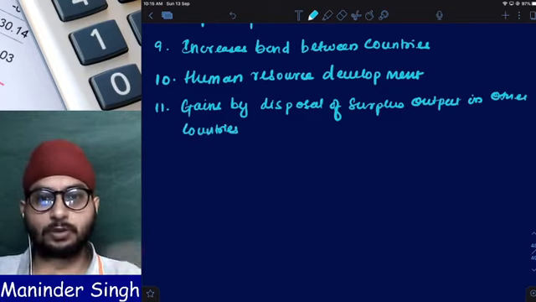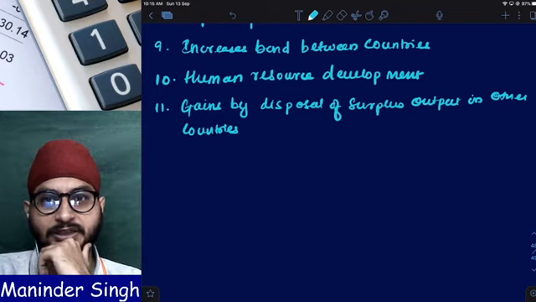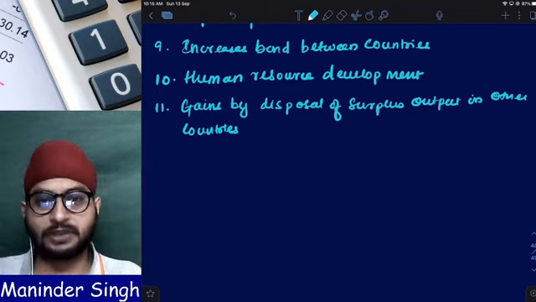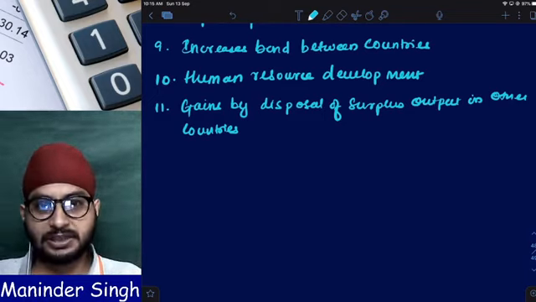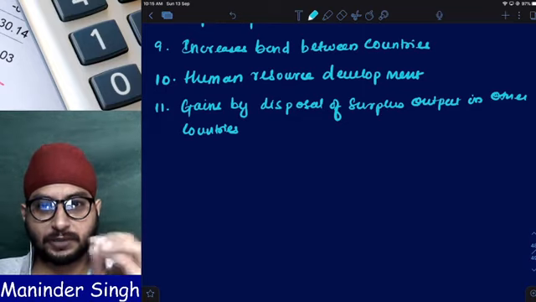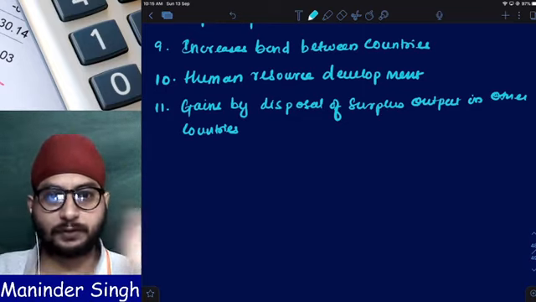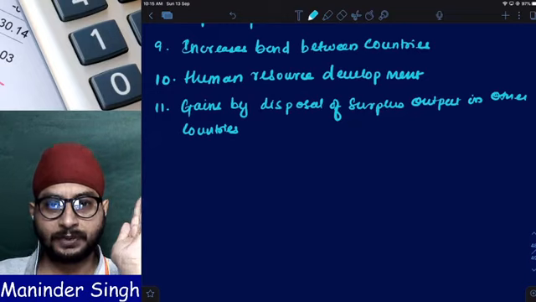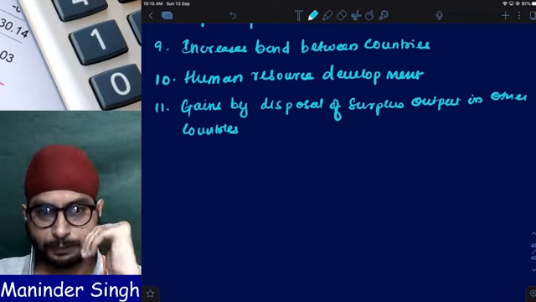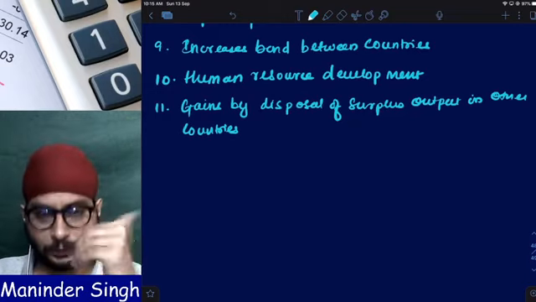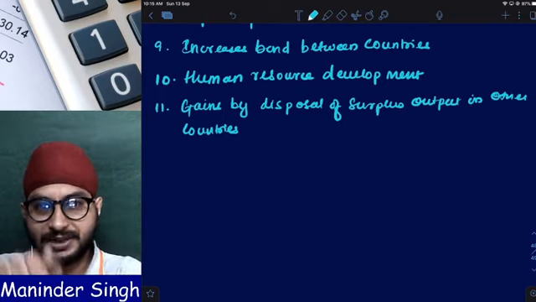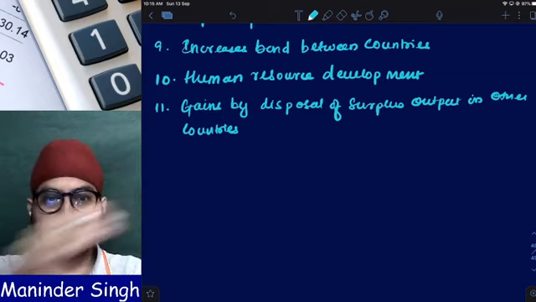I am producing more than required. In India only 100 units are needed, but I am manufacturing 150 units. If international trade is not there, the 50 extra units I am producing will be just a waste of time, money and energy. But when international trade is there, since I'm producing 50 units extra, what will I do? I will dump these extra 50 units in other countries.